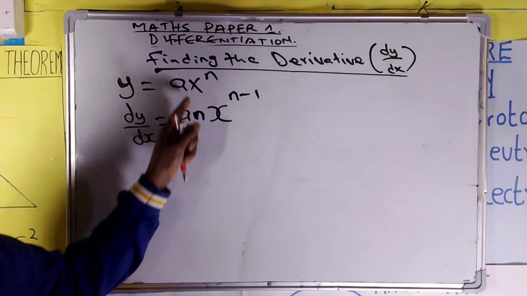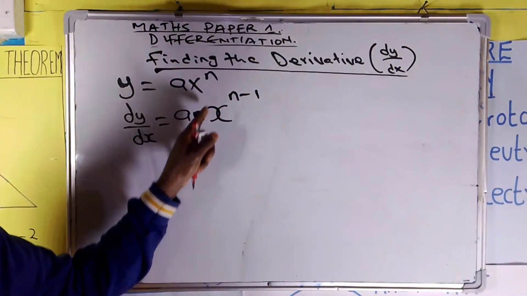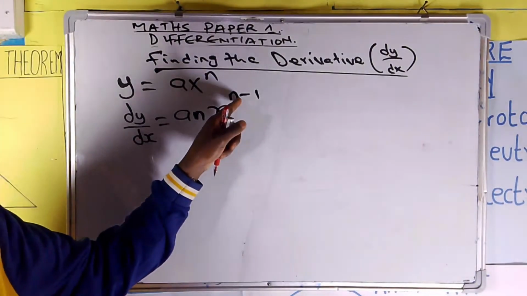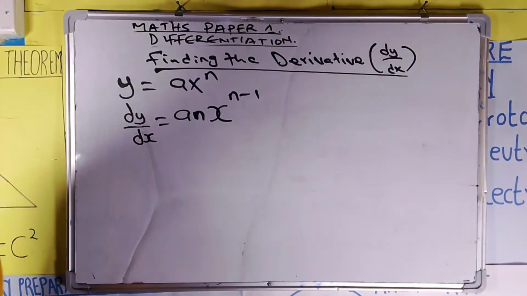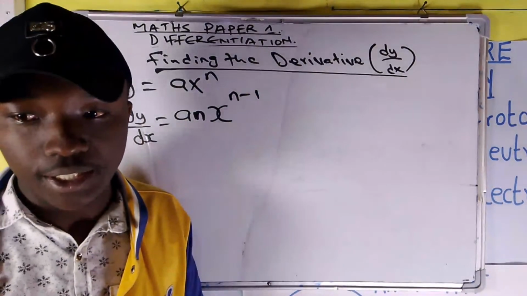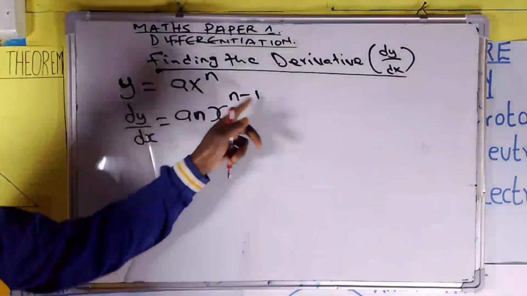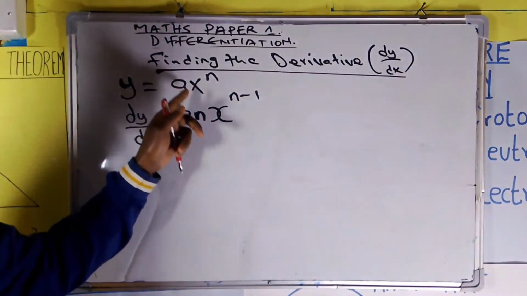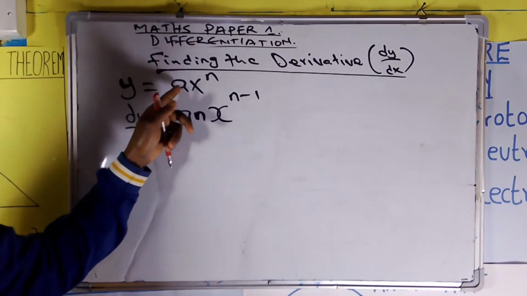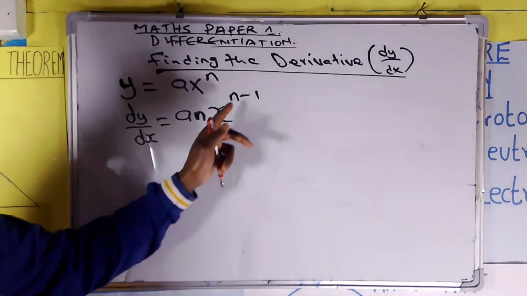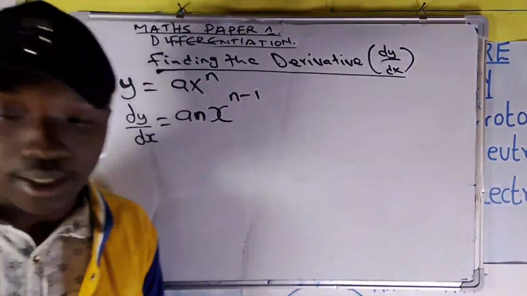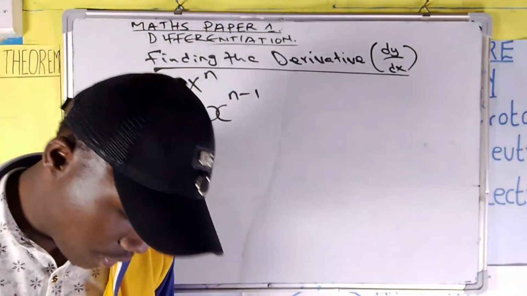So it is an, then x remains there, and the power of x reduces by 1. That is simply how we differentiate. We multiply the coefficient with the power, then x, then n minus 1. That is generally how we approach that question.